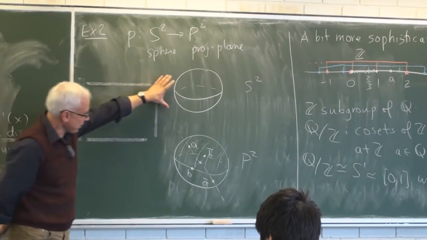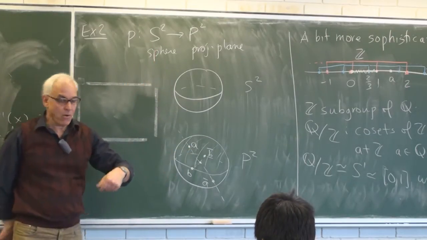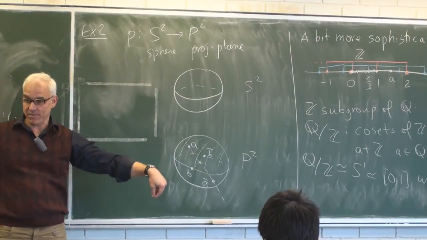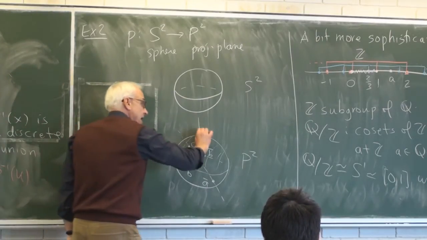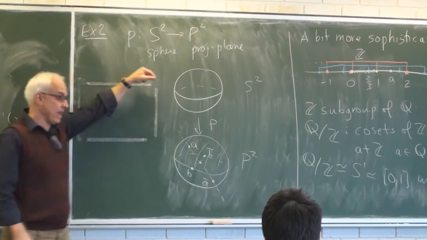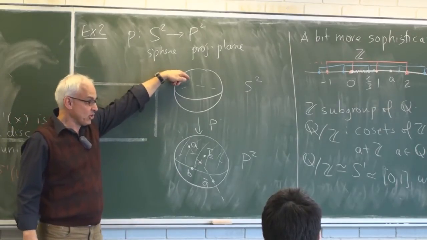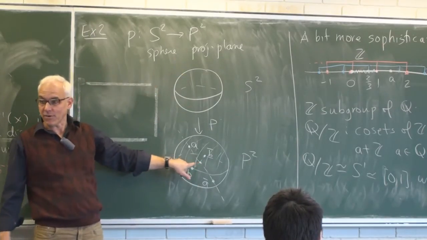All right, so we got the sphere, and we have the projective plane. How are we going to define a covering map? We need to define a map P that takes a point in S2 and gives us a point in P2.